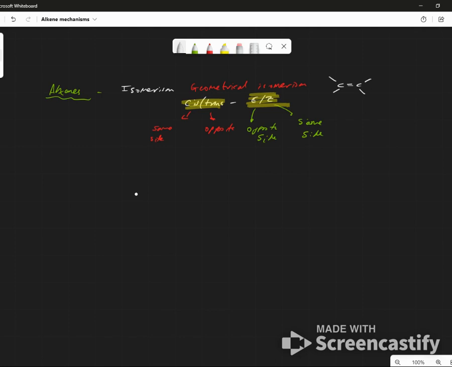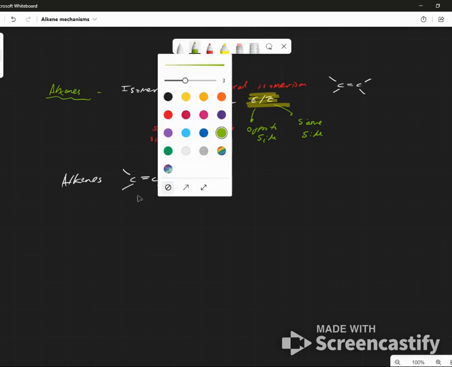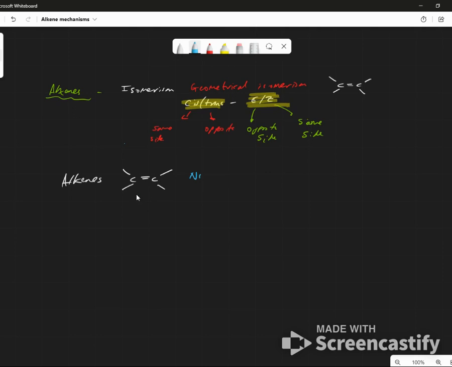Okay, now the first thing about alkenes that we obviously know is they contain a double bond. Okay, and as you both know, I'm sure you know this, if you looked at yesterday's videos, there's no rotation allowed around the double bond. All right, and that's why we get cis-trans or EZ isomerism.